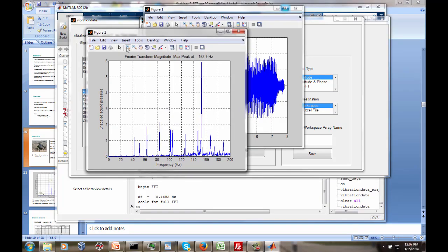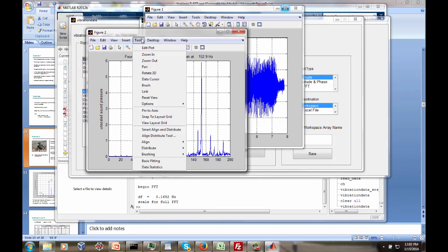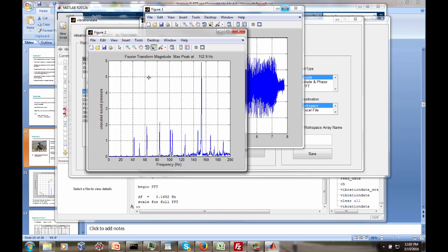Let's do some data cursoring here. We're going to identify the frequencies of the spectral peaks. I have a spectral peak at 42 hertz. There's a way we can display multiple data cursors: it's called create new data tip. I've got one at about 51 hertz.